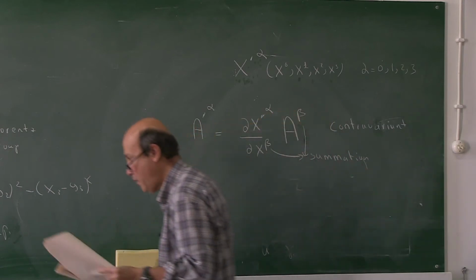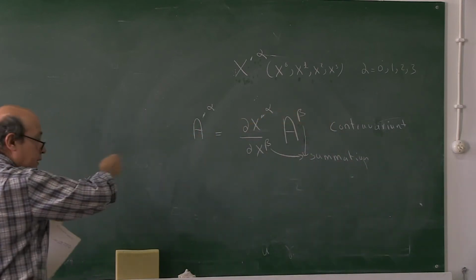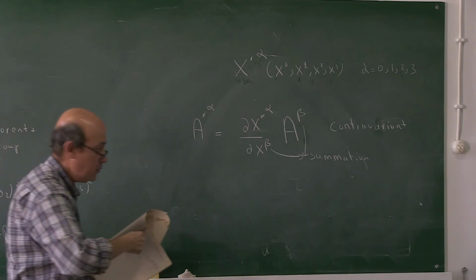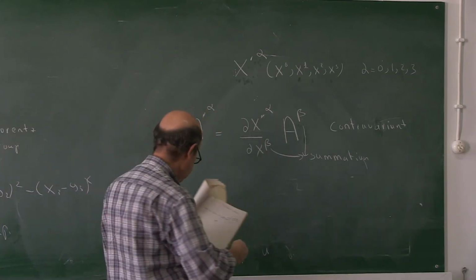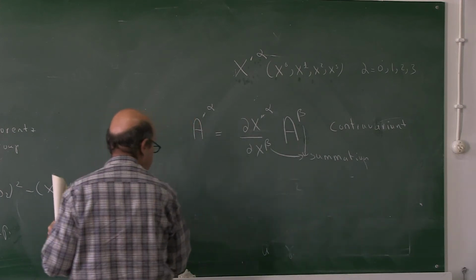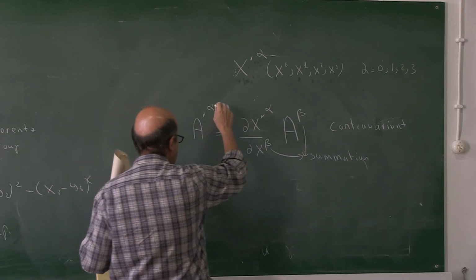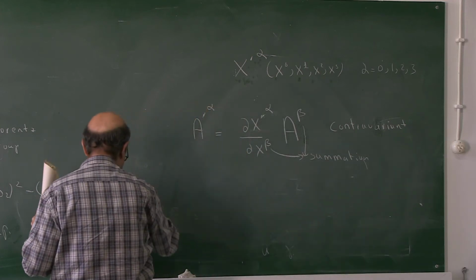And this is the Einstein convention. He doesn't put a summation sign. Instead, using one index up and one down means a summation. The open form of this is the following. Okay, I want to calculate A prime alpha.